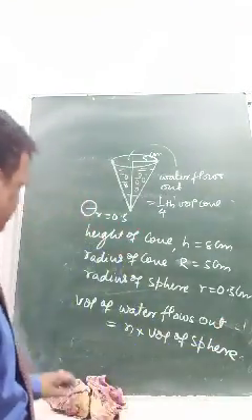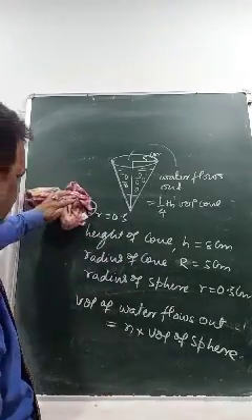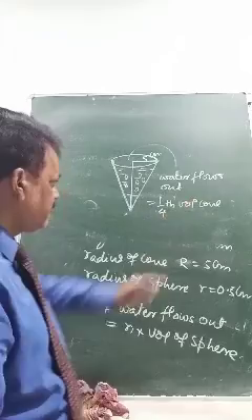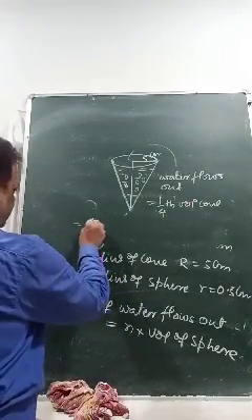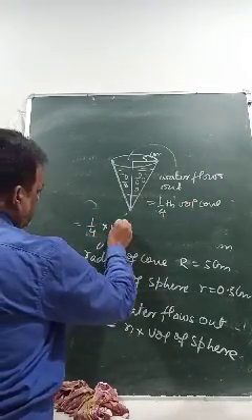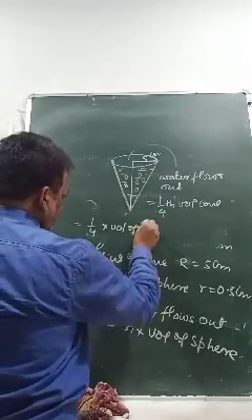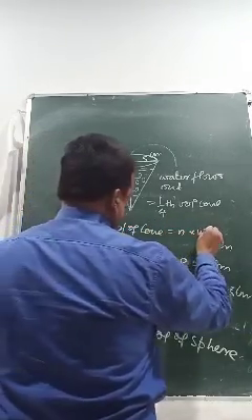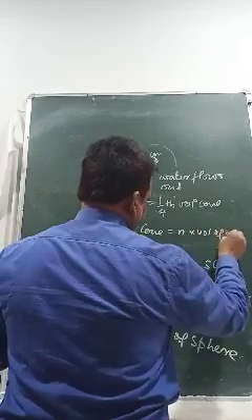Okay, so if I write 1/4, because volume of water flows out how much? 1/4. So 1/4 into volume of cone equals n into volume of sphere.